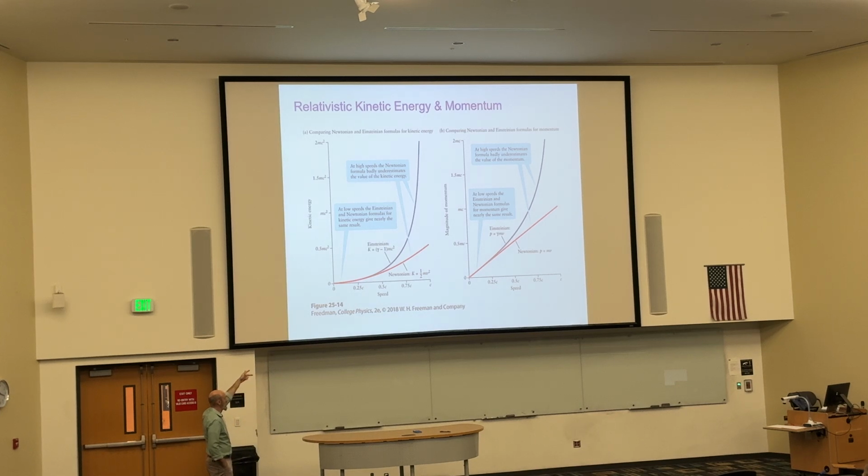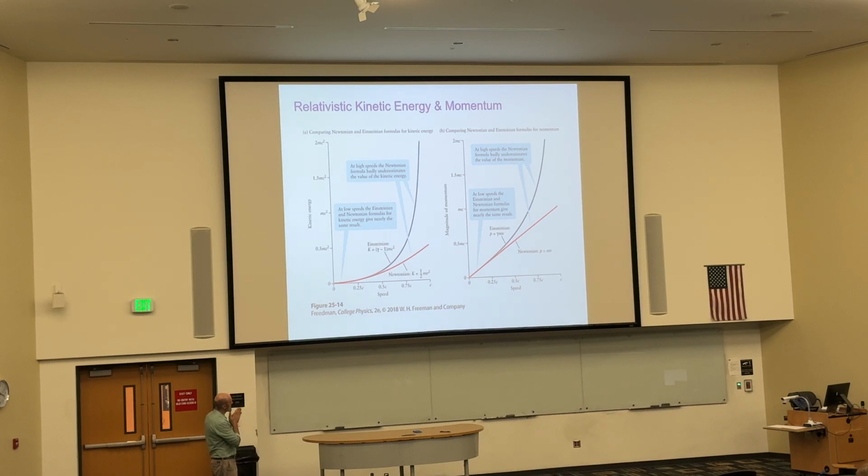K is equal to gamma minus 1 mc squared for kinetic energy, and p is equal to gamma times mv for momentum. And what you notice is that when we're at slow speeds, 0 is all the way over here on the left. We're at close to 0, or less than a quarter of the speed of light. They're about the same. They're basically the same value.